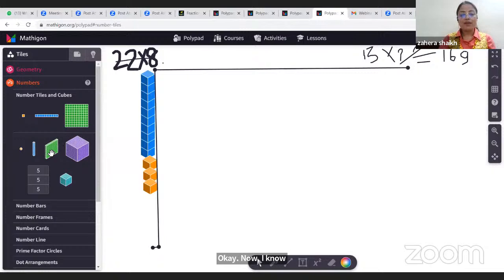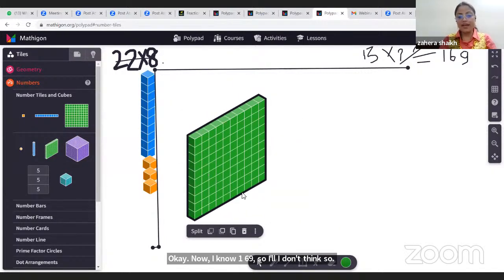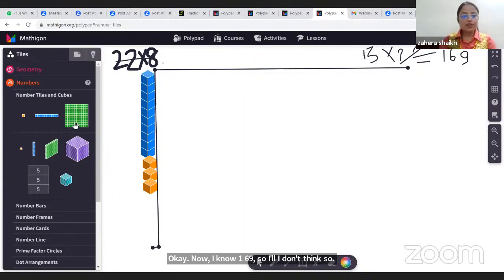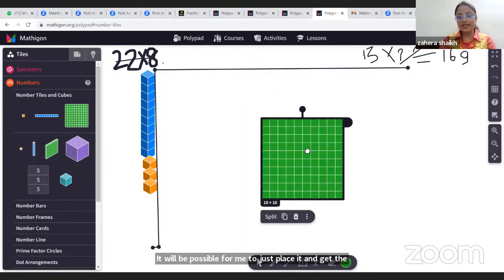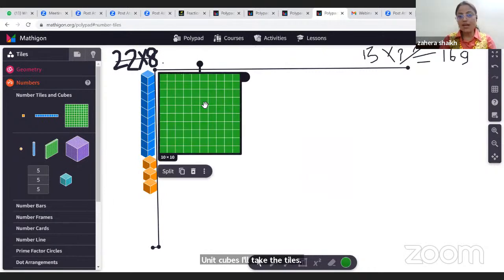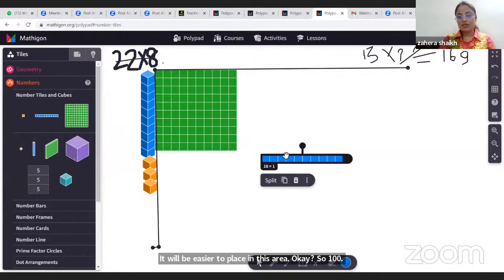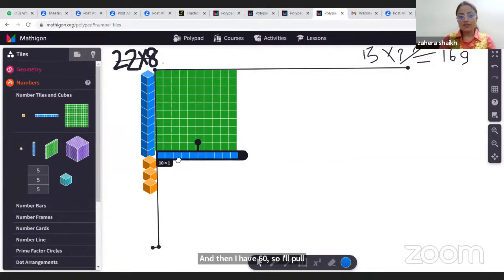I don't think it will be possible for me to just place it and get the area with these unit cubes. I'll take the tiles. It will be easier to place in this area. So 100 and then I have 60. So I'll pull out 6 rods.